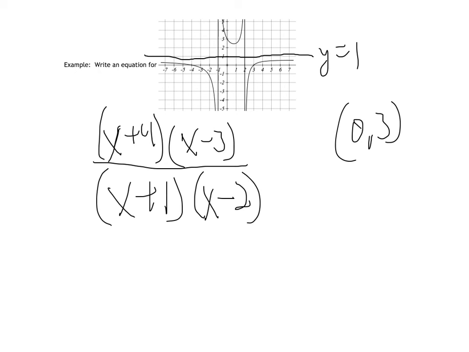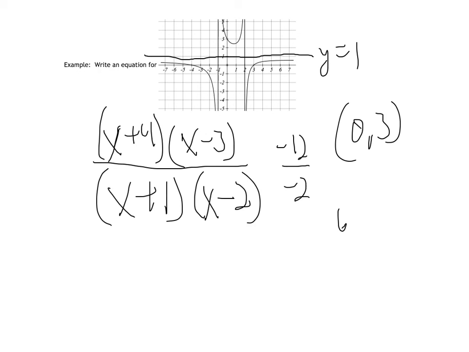So if I insert 0 into all this, do I get 3? That's the question I could ask myself. That's 4 times -3 is -12 over -2, which is +6. Well, I've got to get that cut in half somehow.